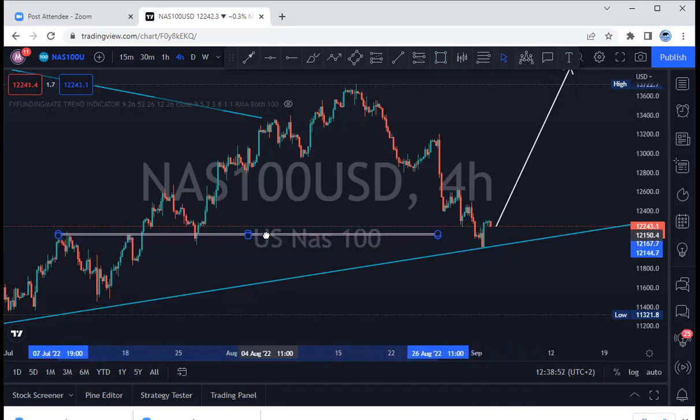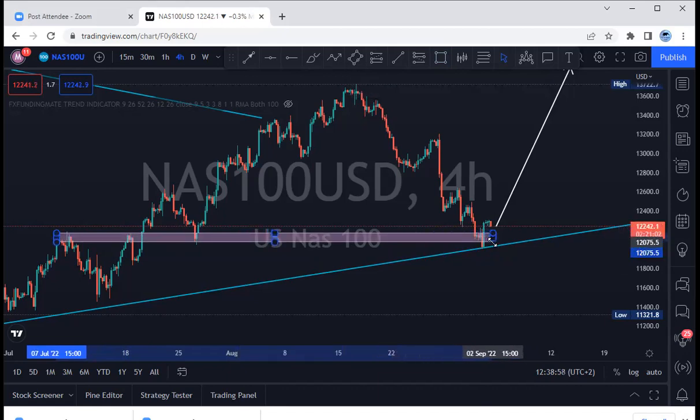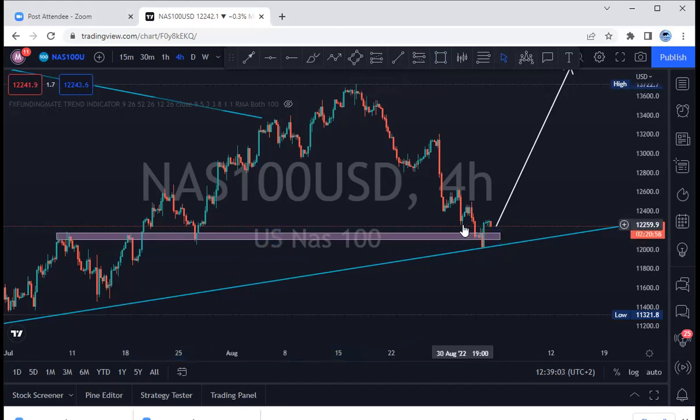I hardly use these things of trend line and support and resistance. If you can see, we close above support. So what are we looking for now? We are looking for the market to come down and then continue to the upside.